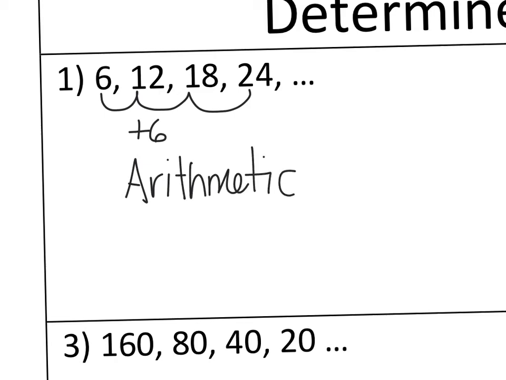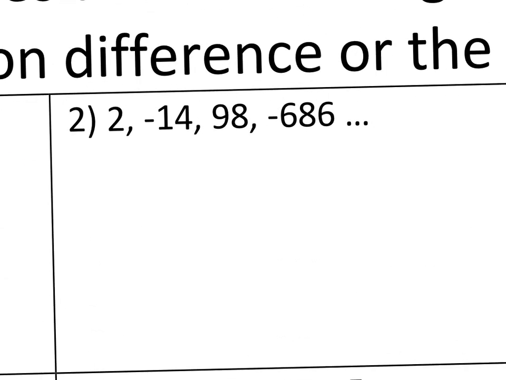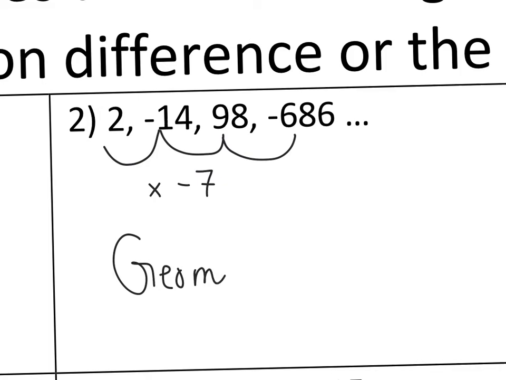Okay, that's all I want. So find the pattern. Okay, so this one, see how it's going from positive to negative, positive to negative? I must be multiplying. So I must be multiplying by -7. Okay, so this one is geometric because we're multiplying.